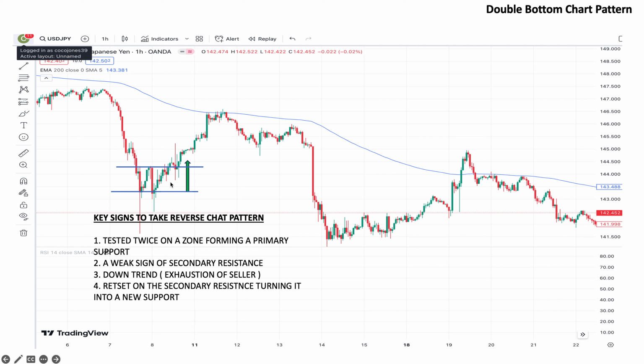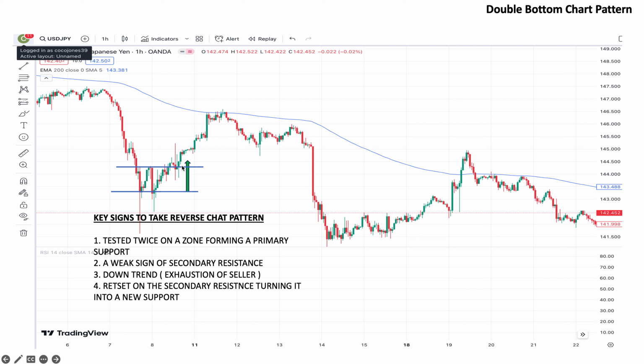Most aggressive traders decide to take their entry on the second touch of support. But if you are fairly experienced and want to be very accurate, you wait for the price to go above the neckline, and then you take your entry.